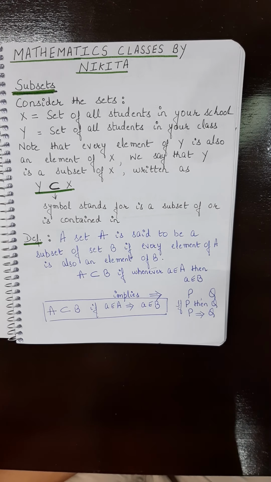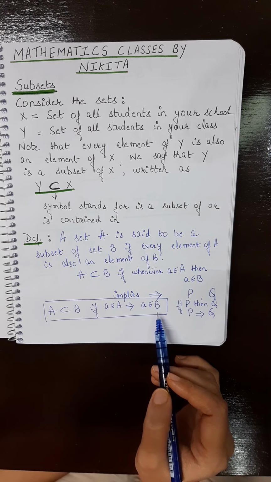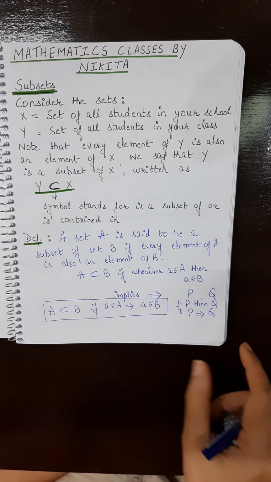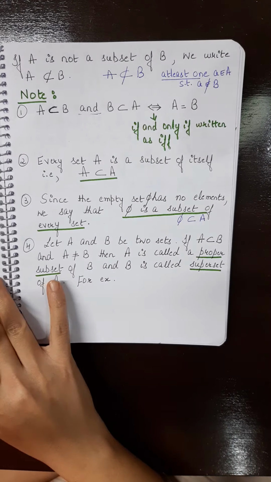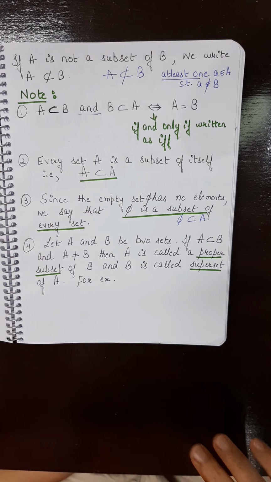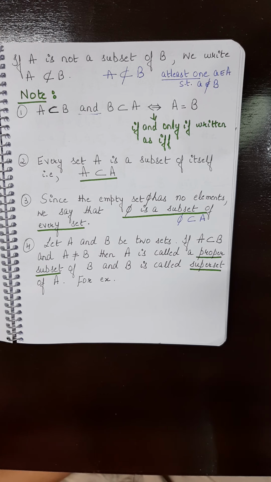Implies means if this P is true, then this condition is also true, that is Q is also true. Since you are going higher and higher in maths, you have to use the symbols frequently. This is a language, the language of mathematics.